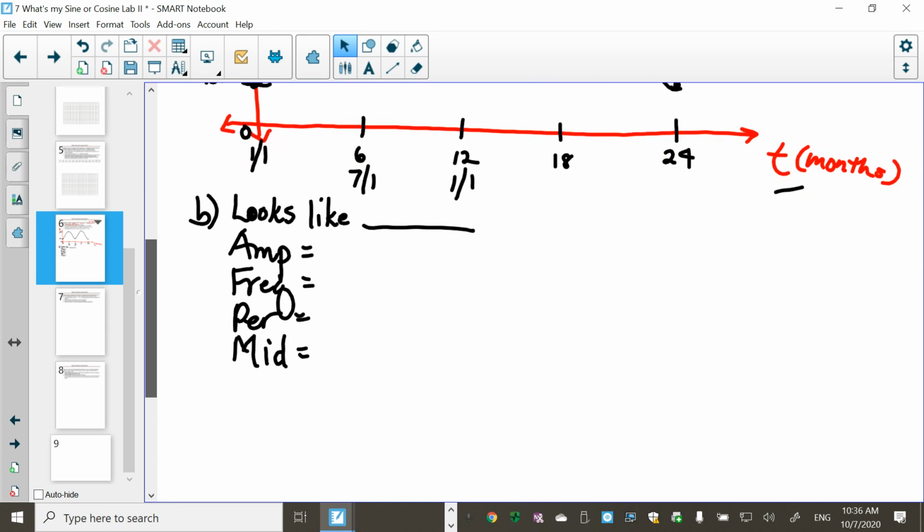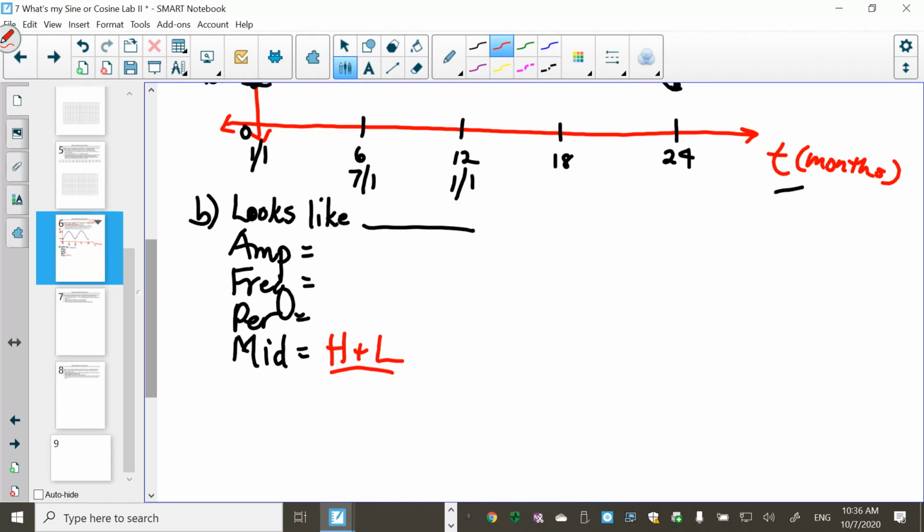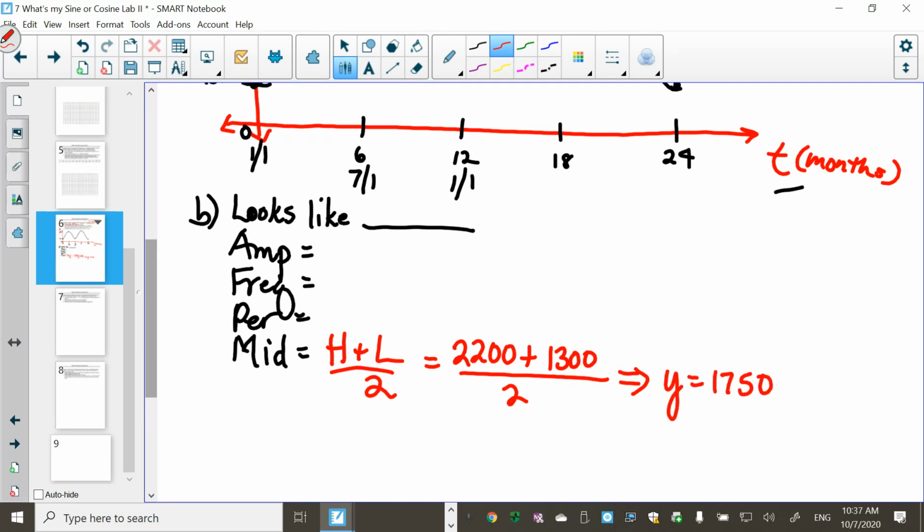So if I start at midline, I know midline is my high plus my low divided by 2 because it's an average, okay? My high is 2,200, my low is 1,300, divided by 2 will give you 1,750, which is the line y equals 1,750. That's important that you know that, and if you put that in there, it kind of takes the guesswork out of doing these. So I have 1,750, all right?